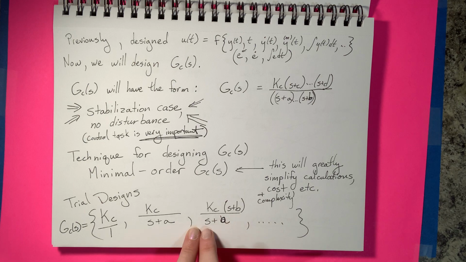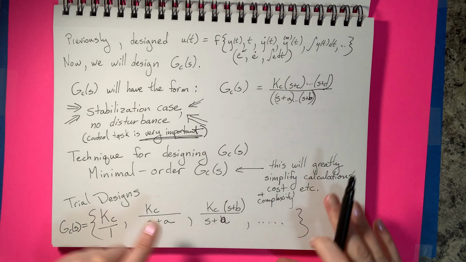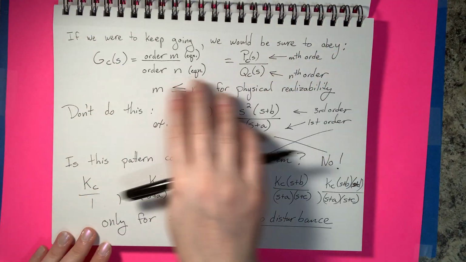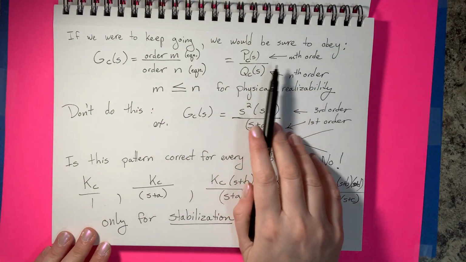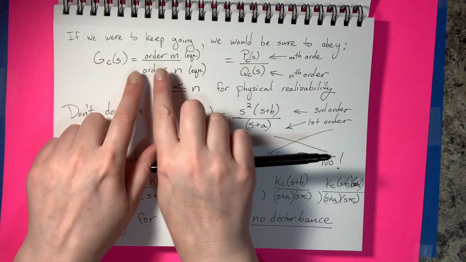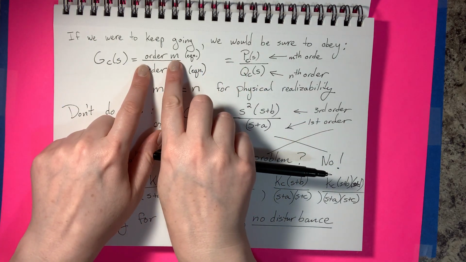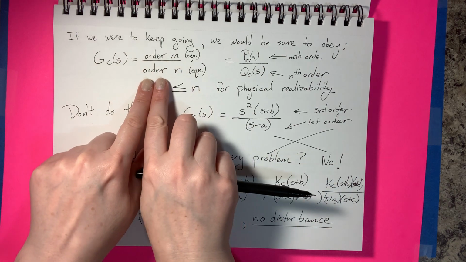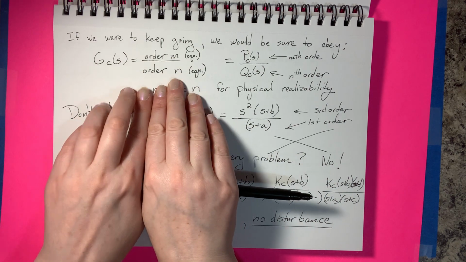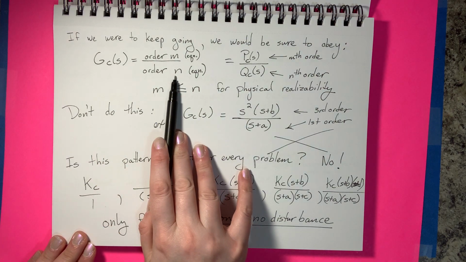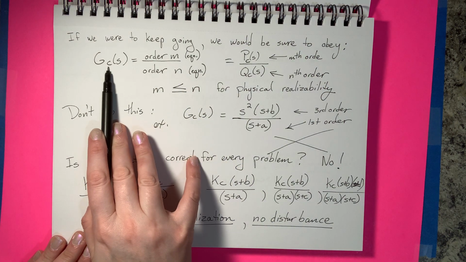Hope so. So if we were to continue this pattern, we would need to make sure that we obey that rule. In order to do that, we have a polynomial of order m on the top, and then we have a polynomial of order n on the bottom, say for GC of S. Now I'm not meaning n as system order here because we are just talking about the compensator.